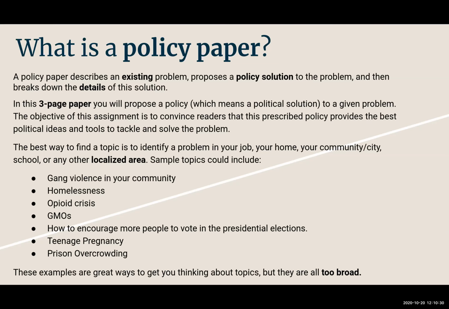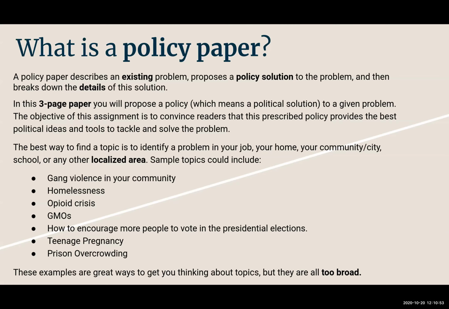So for example, we see homelessness as one of the sample topics on the screen. And homelessness is a huge issue, and it affects every state in this country, right? It affects all of our communities. It affects so many different aspects of society, from mental health to all sorts of things. So we really, really want you to get specific if you choose homelessness.